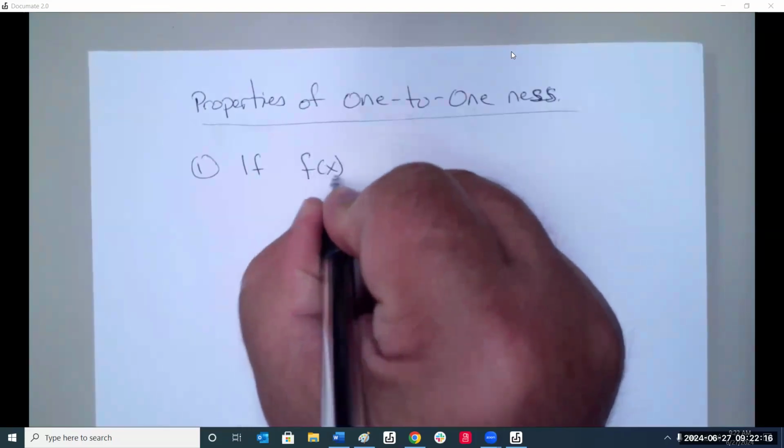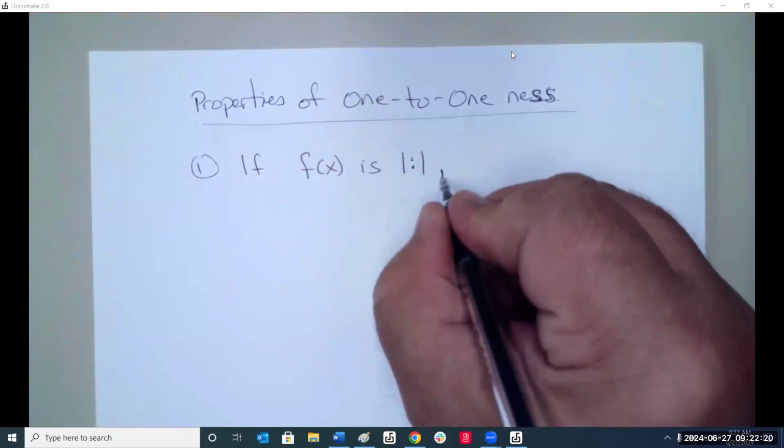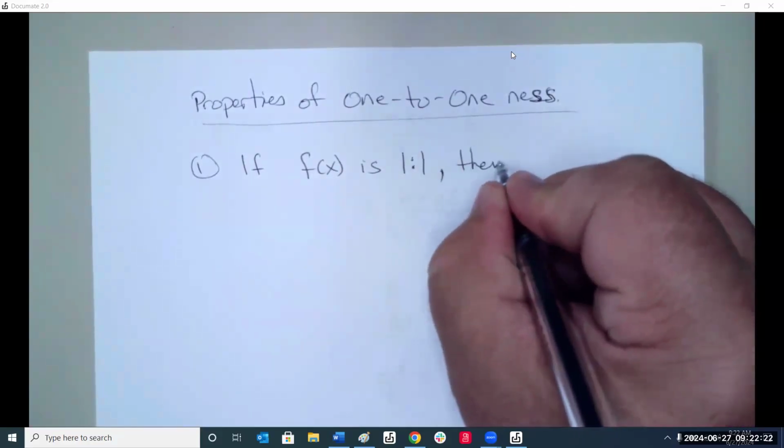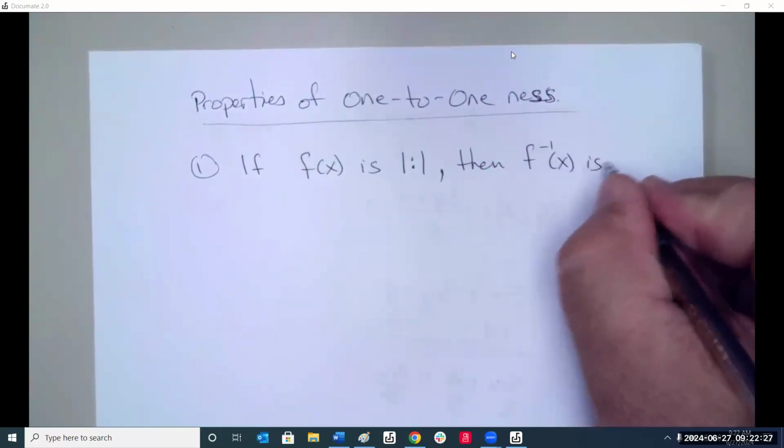If f of x is 1-to-1, then its inverse is 1-to-1.